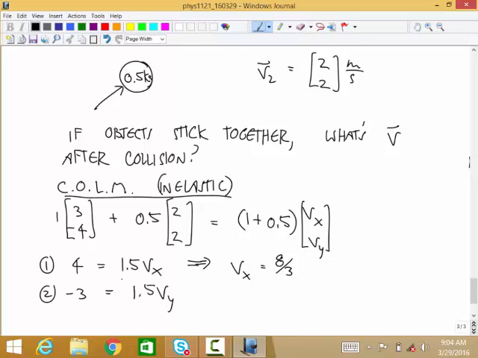And then this one says Vy is equal to negative 2. So the velocity of the combined system after is ⟨8/3, -2⟩.